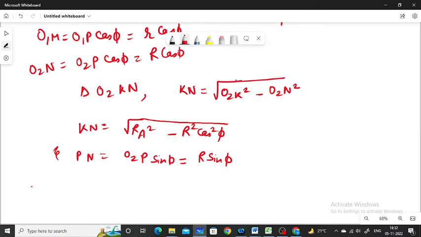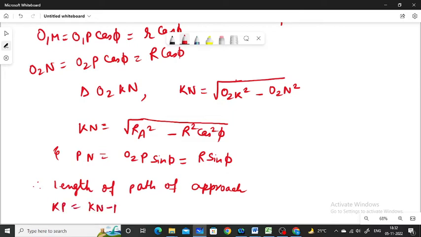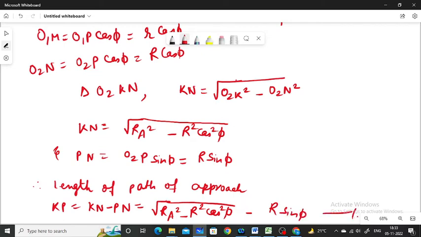So the length of the path of approach KP equals KN minus PN, that is under root of RA square minus R square cos square phi, minus R sin phi. That is equation number 1.